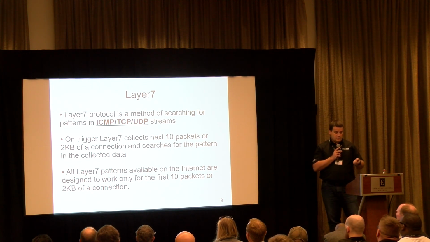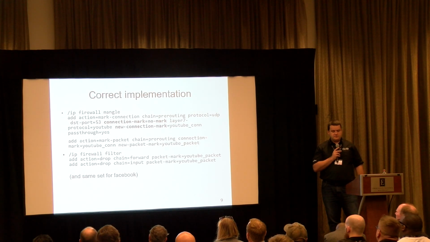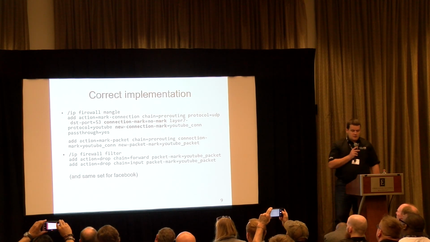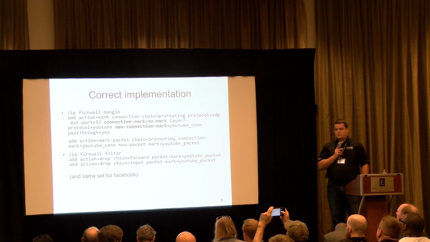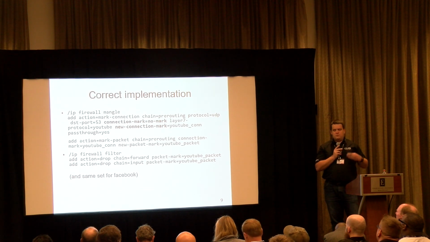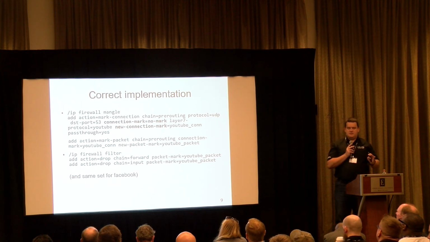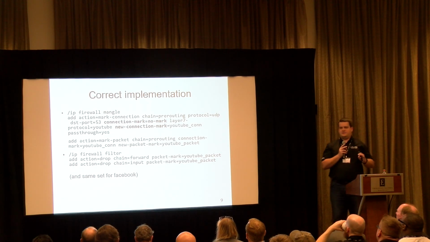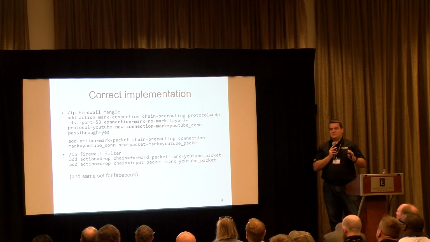So how to correctly implement the same thing? First of all, you switch from using a per-packet rule to the connection. So you mark the connection, and with a simple log rule, you will easily see, just by checking out that pattern, that the pattern is actually based on DNS requests.